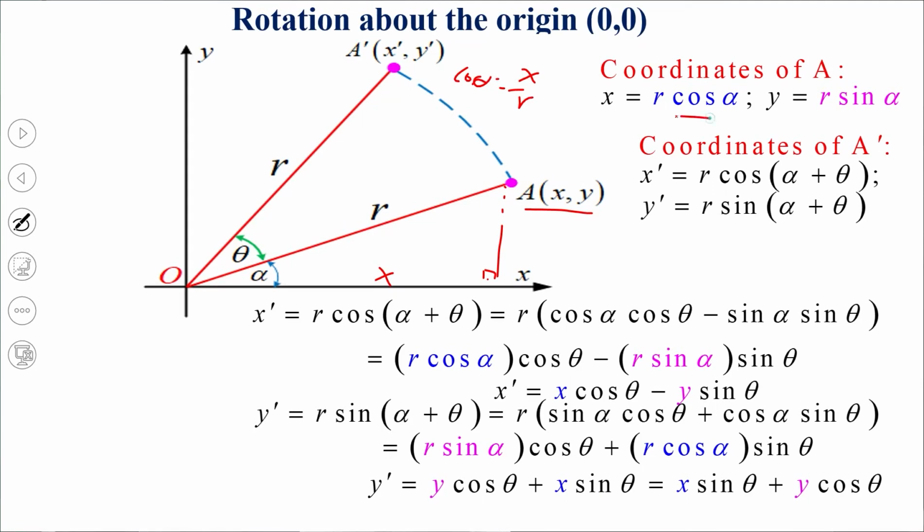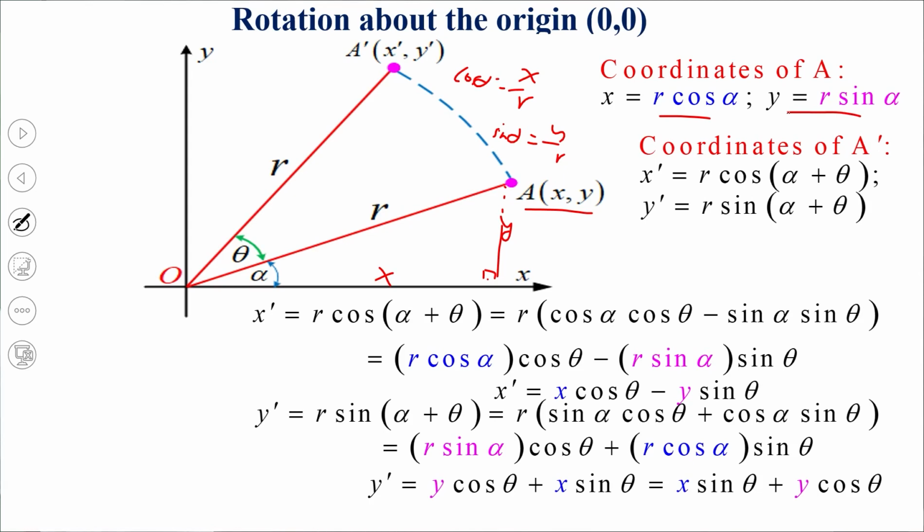That is the way we write it here. And similarly for y, sine of alpha is equal to the opposite, that is y divided by hypotenuse, y over r, so y is r times sine of alpha. That is the way we decompose the original coordinate of A into its components x and y.